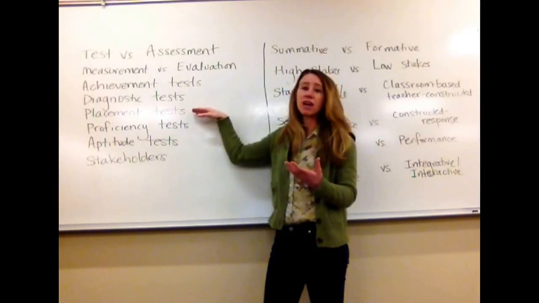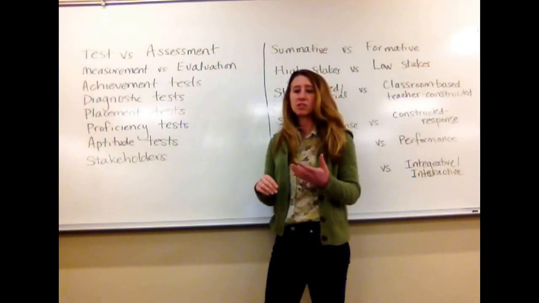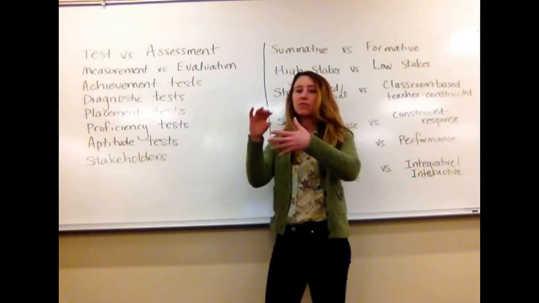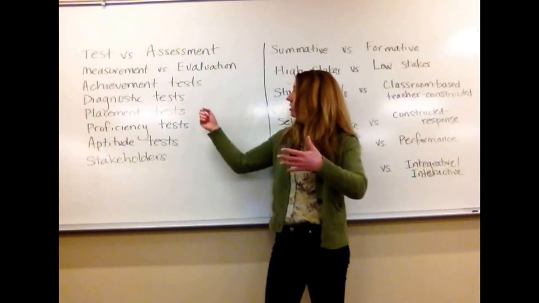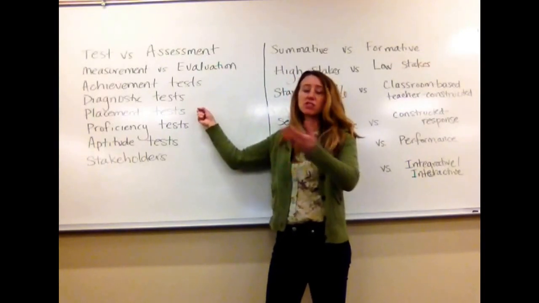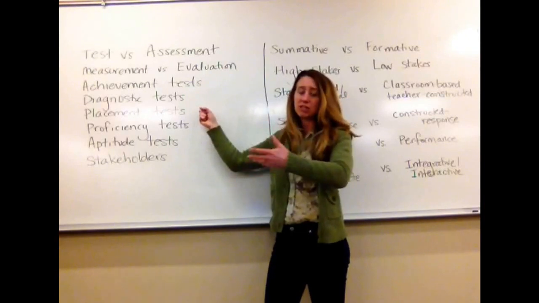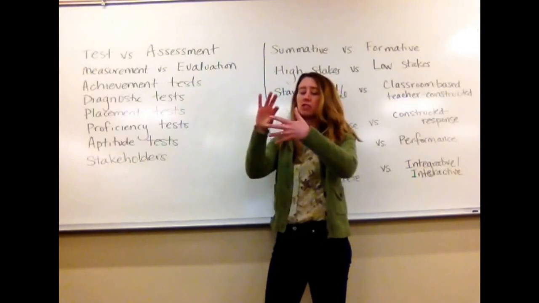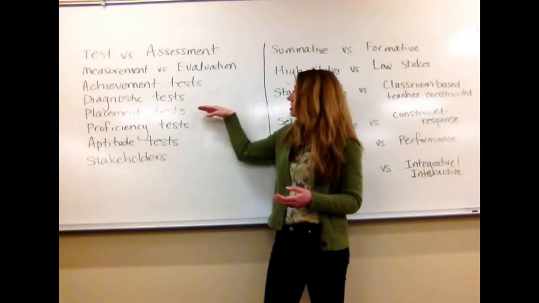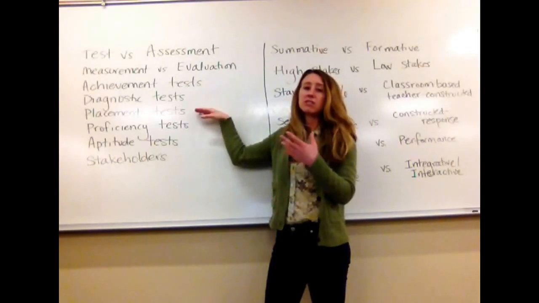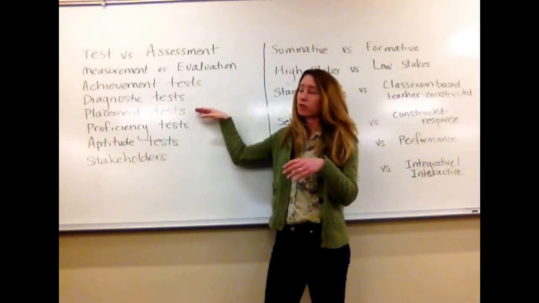For a placement test, the question being asked is, which of the levels is appropriate for this particular student? A student takes the placement test, you get a score, you look at which range it fits into, and you place them in that level. So a placement test is all about placing a student in a particular program.